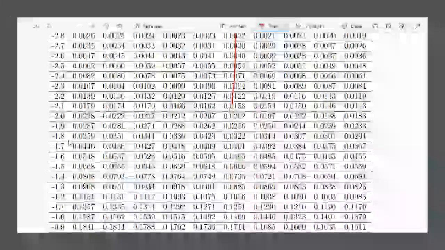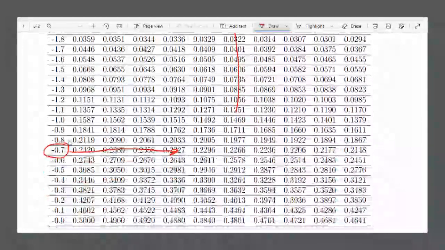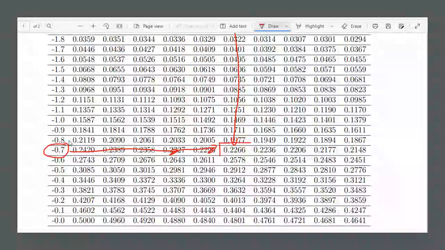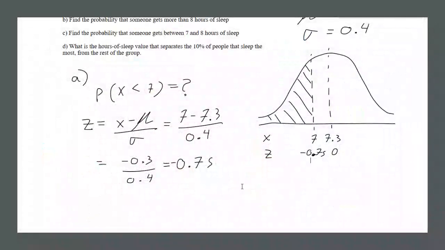We match up that row and that column, and it shows us the probability of being below that value if you have a normally distributed random variable with a mean of 0 and a standard deviation of 1. So that's 0.2266.